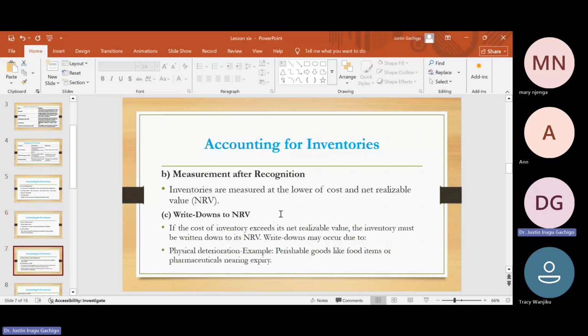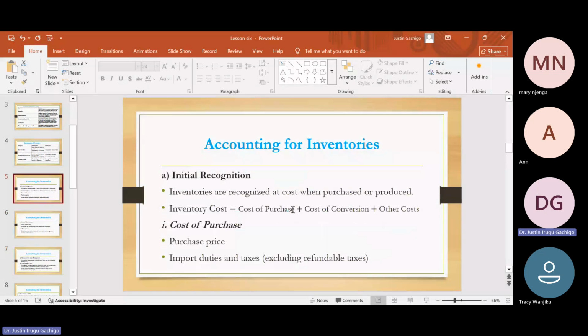Now, that first part is on the initial recognition. How do you recognize the asset initially? We have said this is the cost, and the cost includes everything that is associated with making that particular product a complete product. If it is a packet of Unga, the cost is all the cost associated with making that packet of Unga.